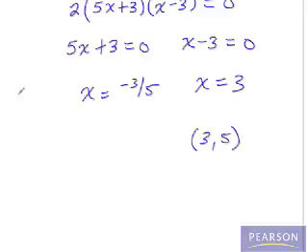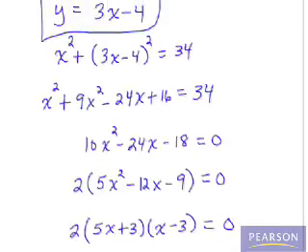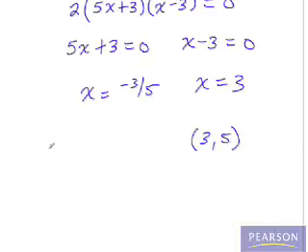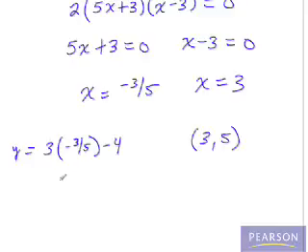And now we'll let x be negative 3/5. So 3 times negative 3/5 minus 4 is equal to y. And now we'll do the arithmetic.